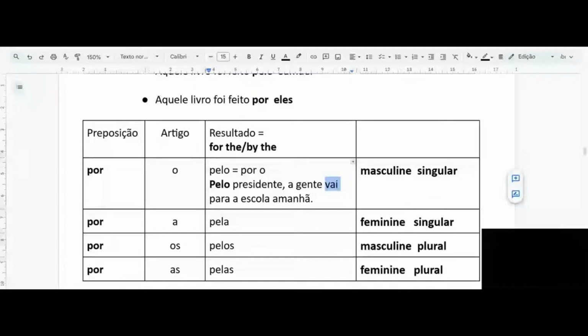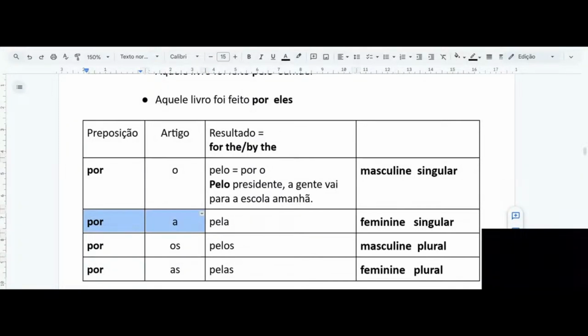If you learn one verb, then we learn one complete sentence. Later we will see how the verb becomes vai, vou, and the rest.